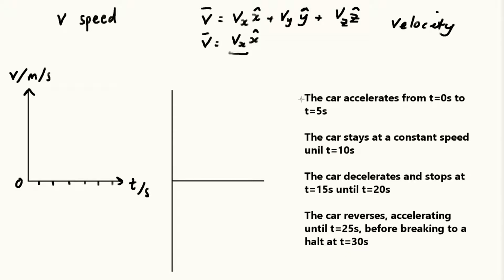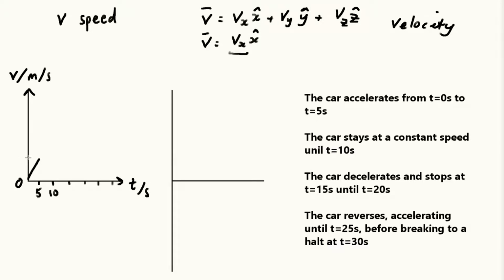Firstly, we can see that the car accelerates from t equals 0 to t equals 5 seconds. This means that our speed is going to be increasing as the car is accelerating from 0 until our time 5 seconds. Secondly, the car stays at a constant speed until 10 seconds.